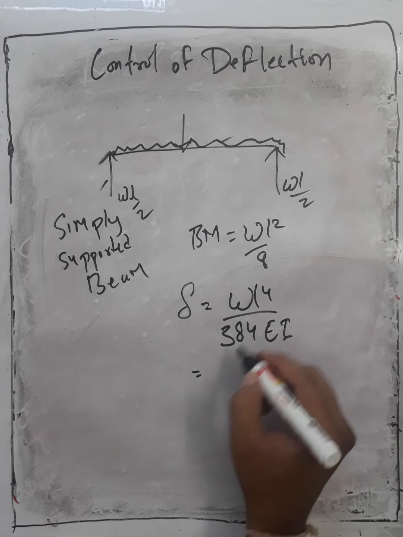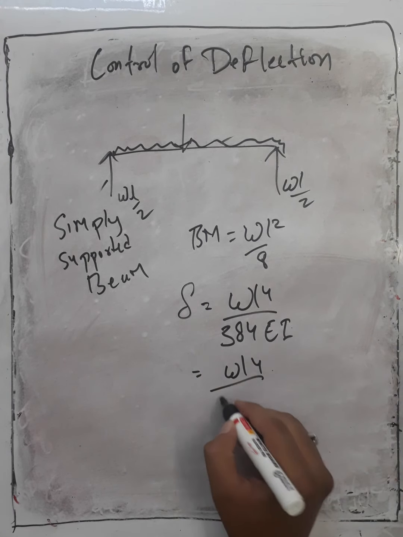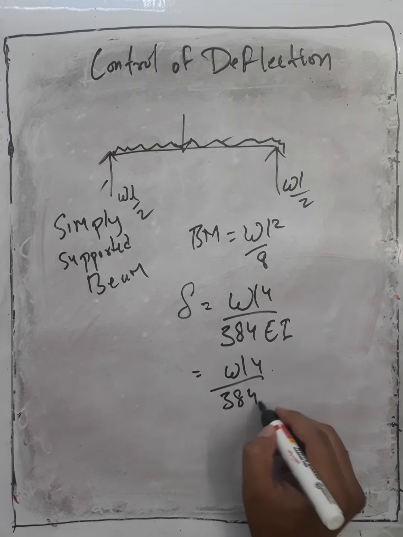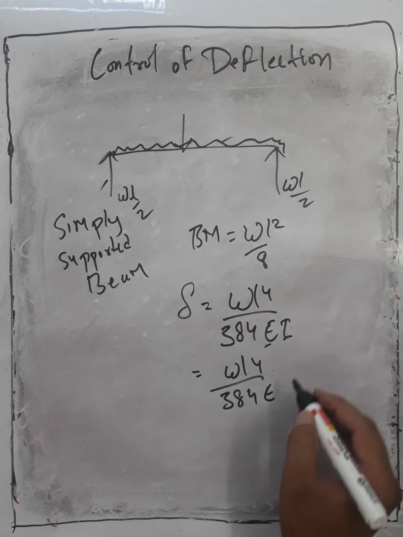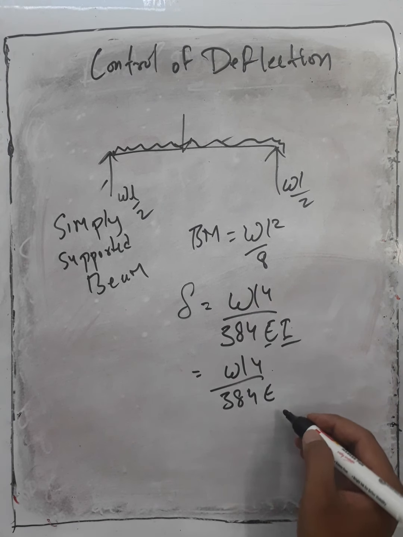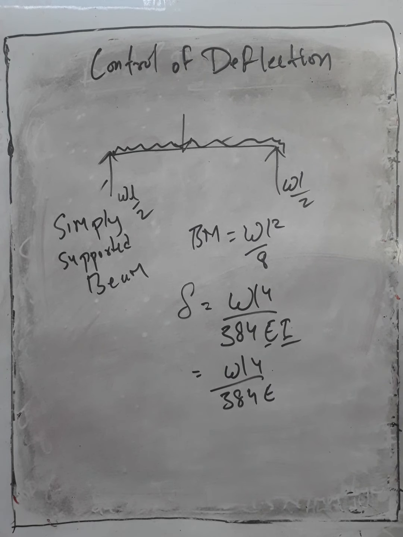Here E is the modulus of elasticity and I is the moment of inertia. So EI is the flexural rigidity.